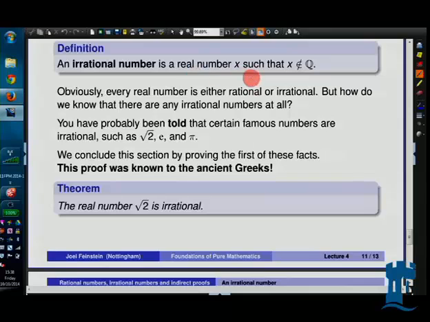It's a real number which is not a rational number. Okay? It's not just a number that's not a rational number, because there are lots of complex numbers that are not rational numbers as well. And they don't count. So an irrational number is not just any old kind of number that's not a rational number. It has to be a real number that's not a rational number. Okay? So that's an important fact.